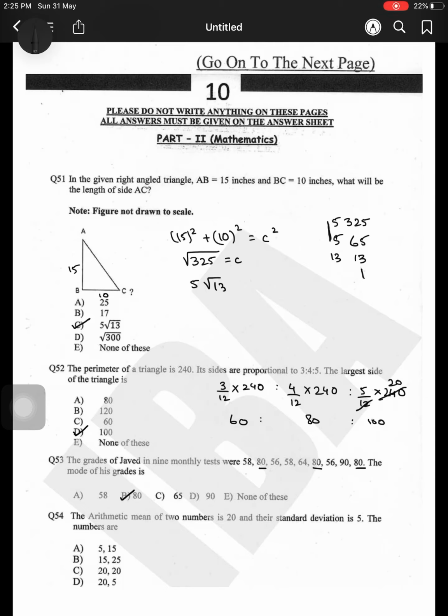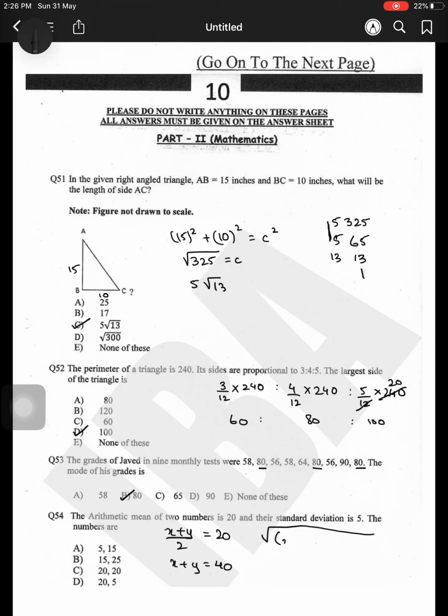In this next question, it says that the mean of two numbers is 20. So x plus y upon 2 is equal to 20. So x plus y is equal to 40, and it says that the standard deviation is 5.